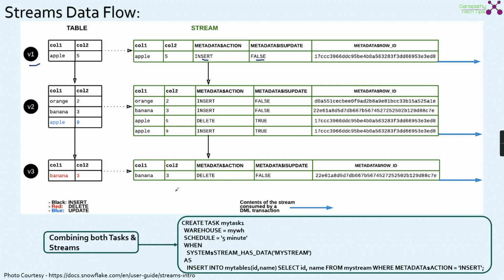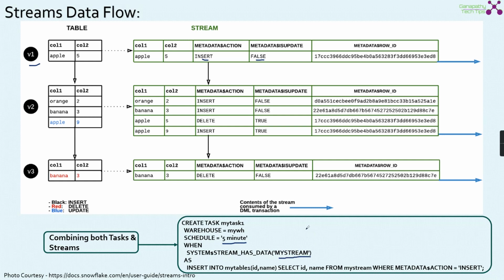Now the important feature which we talked about as part of the tasks, where we discussed this, can be combined with the streams. This is how we are combining the task along with the stream. You can see here, create my task. It is a user defined task using my wh as the warehouse. It is going to run every 5 minutes, and you can see system stream has data my stream.